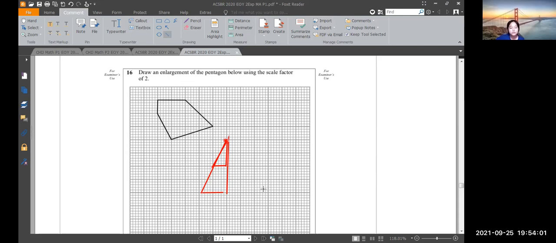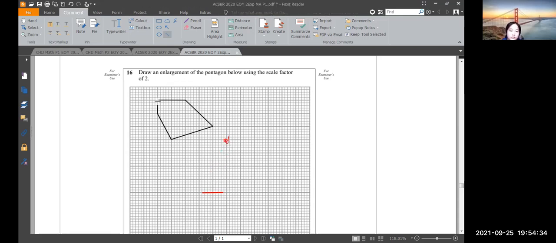So if it shrinks, what about half? Let's say the factor here is half. So you just shrink it. Instead of 2 times 2, you 2 times half is 1. So you just until here. Does it make sense? Okay. Then of course this part is also half. Everything half.